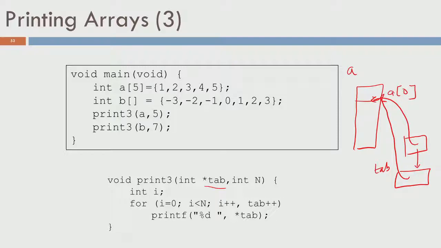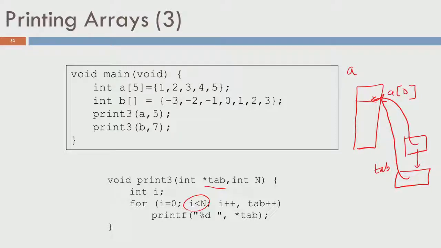This is not using any pointer arithmetic for stopping the loop. Instead, we know that we want to print n of these variables on the screen, so just run the loop n times. This check is on an integer: you have I equals 0, I less than n, I plus plus, which will run this loop n times, from I equal to 0 to I equal to n minus 1.